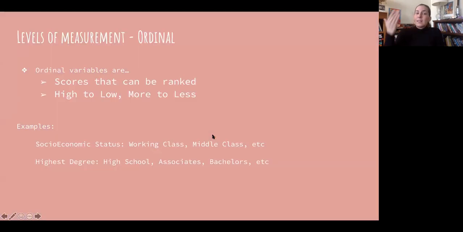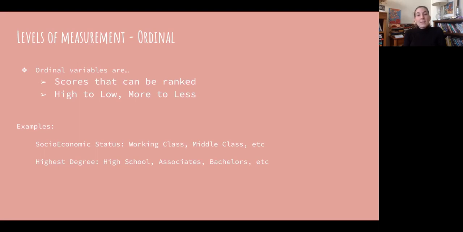Okay. The next level of measurement is ordinal. Ordinal variables are also typically not numerical in the sense that you cannot add them up, but they are scores that can be ranked from high to low or more to less.